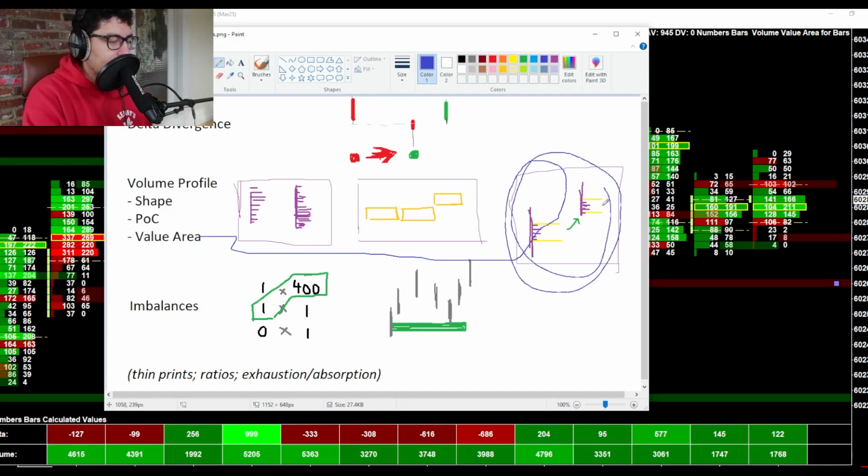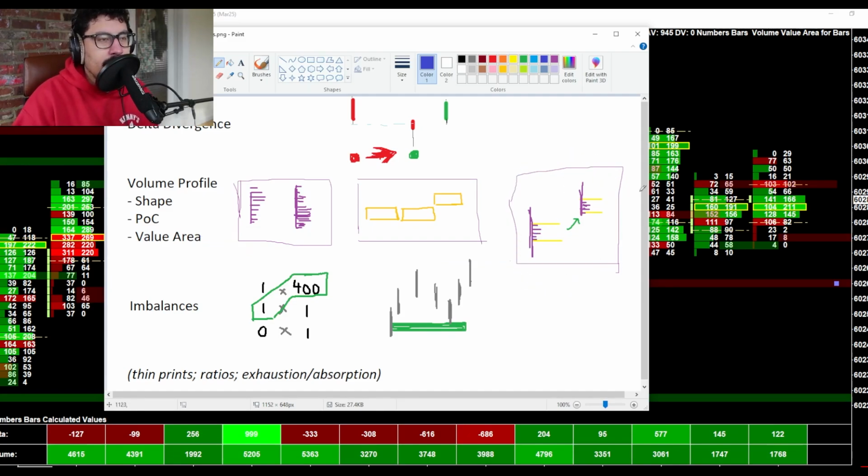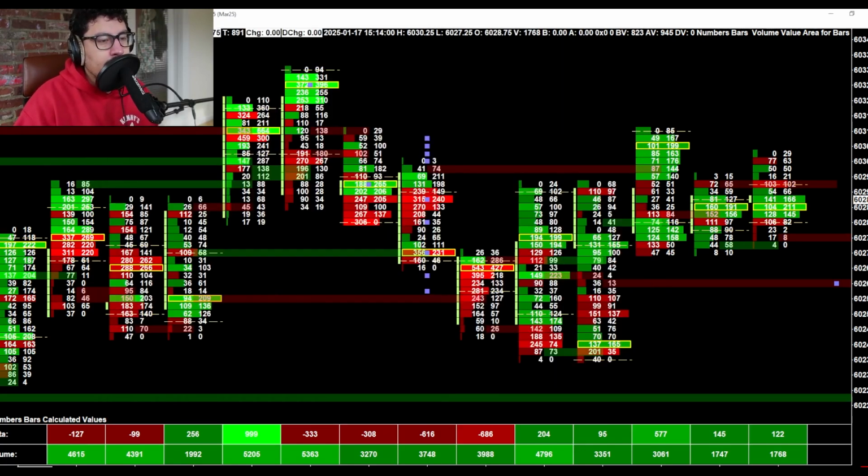Value area. This is another nice little volume profile thing, and the last one. On this chart, I have it drawn as these yellow dash lines.